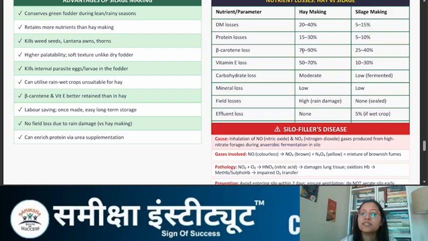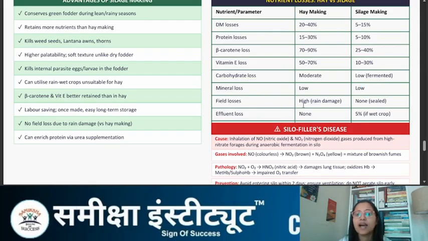Beta carotene losses are 70 to 90% in hay, and 25 to 40% in silage. Vitamin E losses are 50 to 70% in hay, and 10 to 30% in silage. Carbohydrate losses were around 25%, moderate in hay making, and in silage they are low because carbohydrates are not basically lost, they are fermented. Then mineral losses are low in both cases.